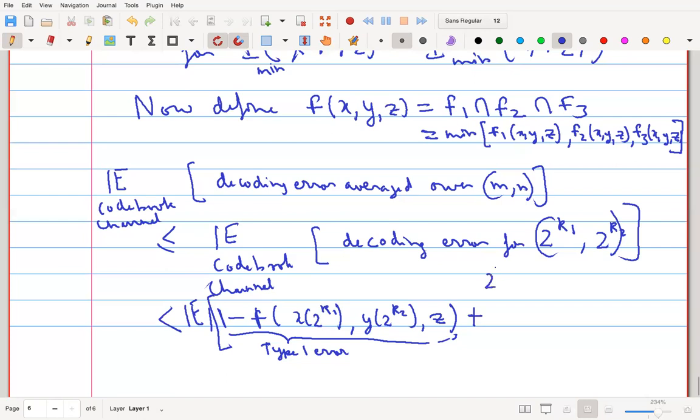There are 2 to the R1 minus 1 times 2 to the R2 minus 1 of them, and I'll just take one such and write f. So I accepted that by mistake. This will be x m, y n.